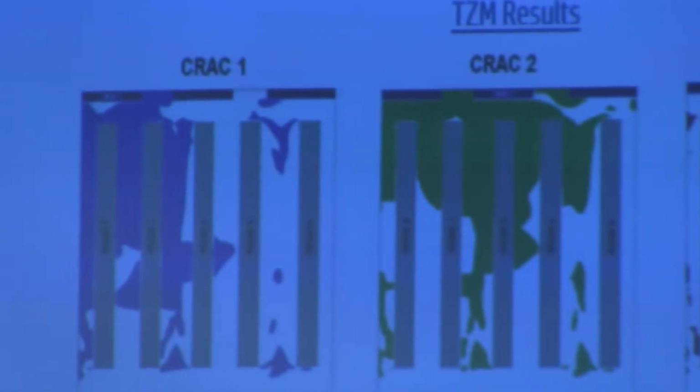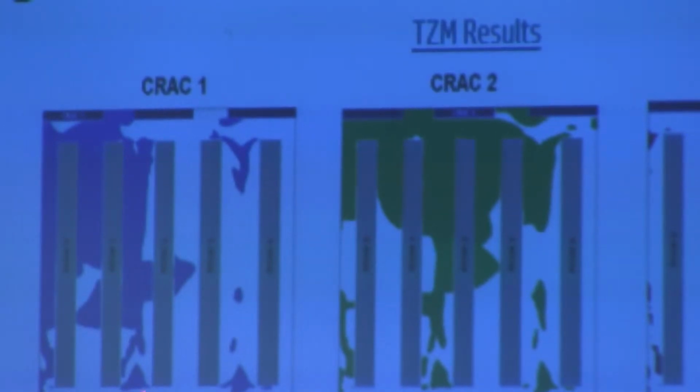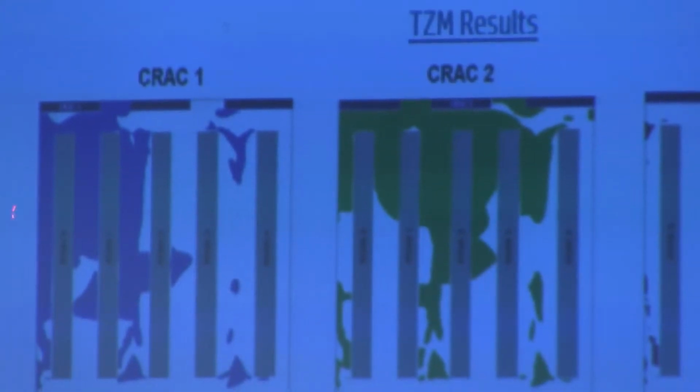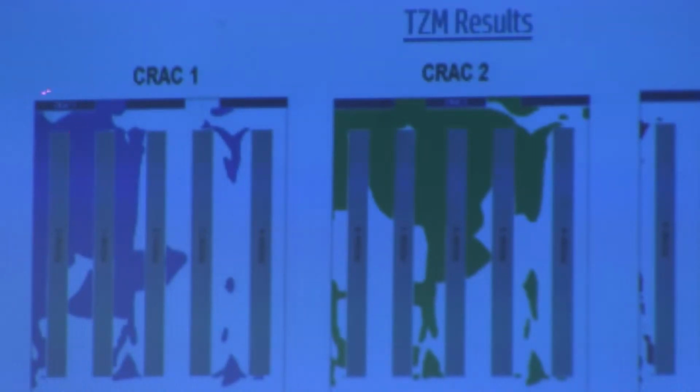What we're painting here with color is the region, for example, on this image here, is this crack unit here at your top left, the region in the data center that affects 25% or more.